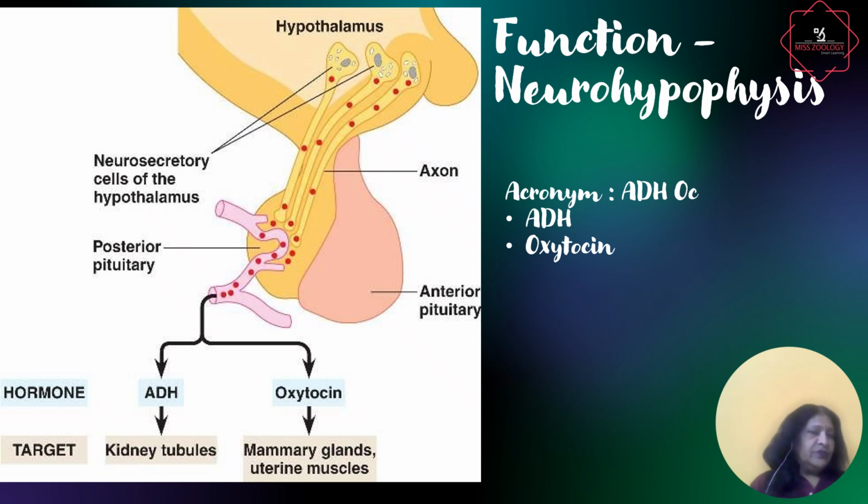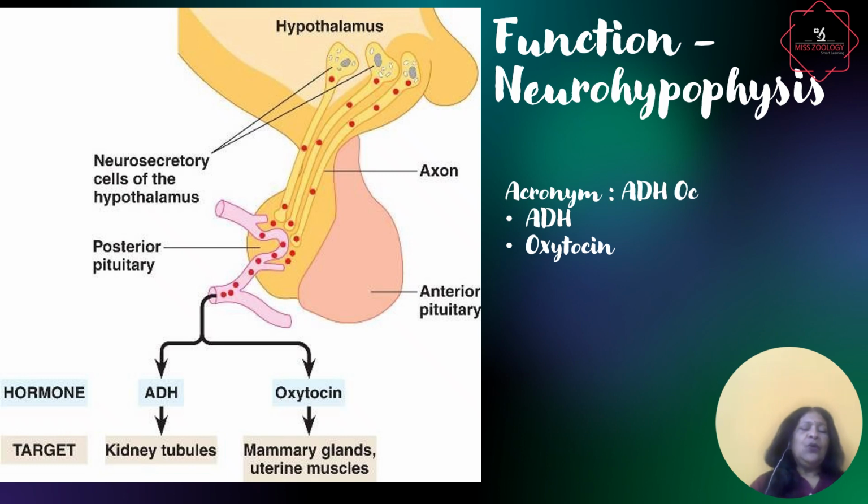These neurosecretory cells itself secrete the hormones and then bring and store it in the posterior pituitary, from where it can be transported to the required target organs.